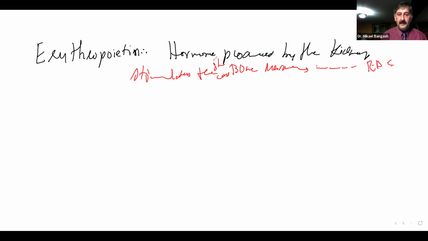Which means more and more stem cells need to take the path of hematopoiesis that's going to make the red blood cells.